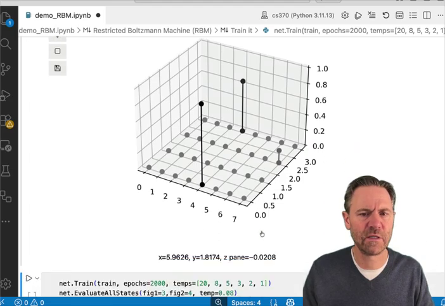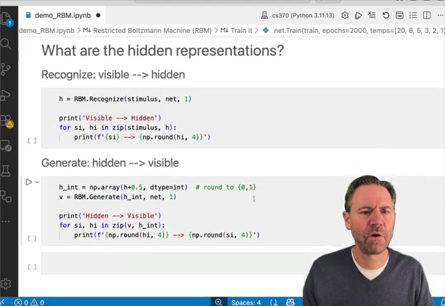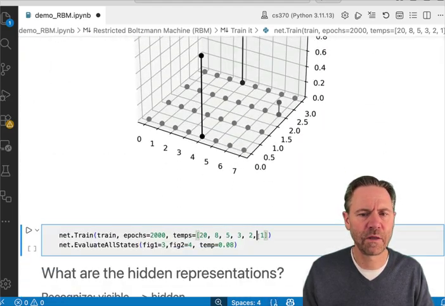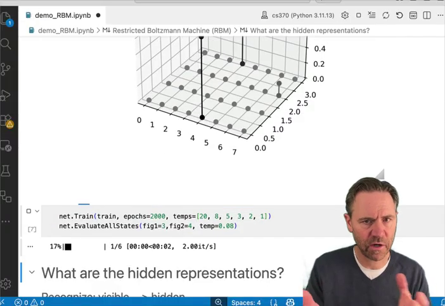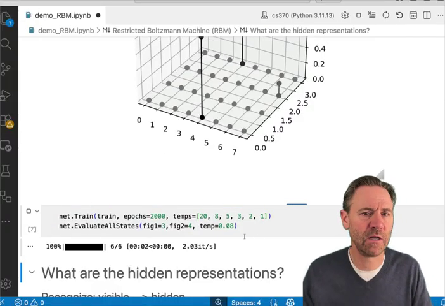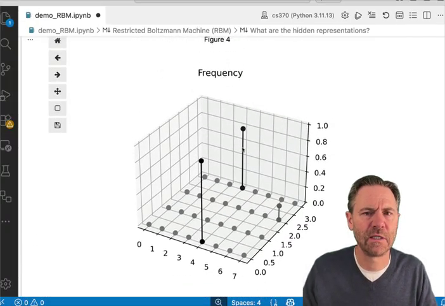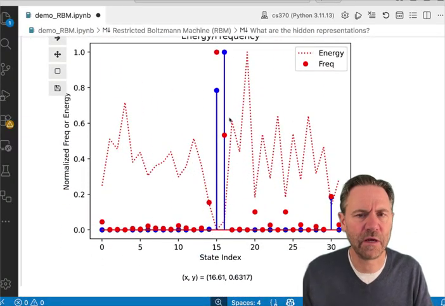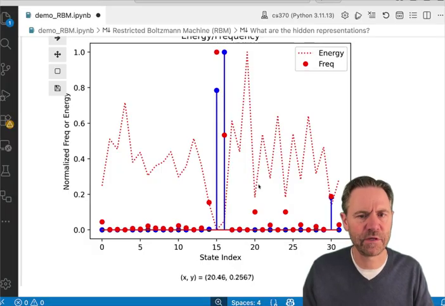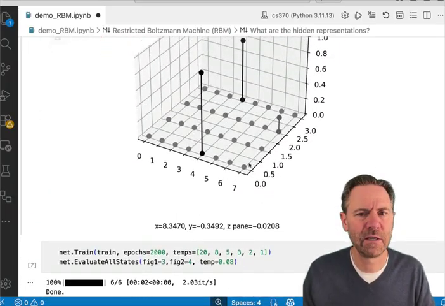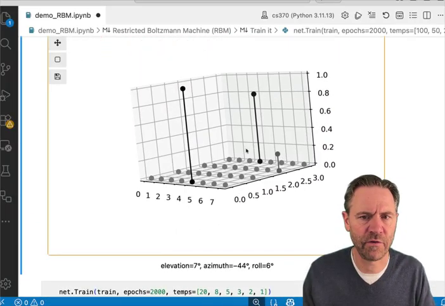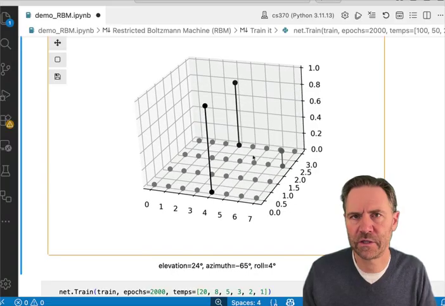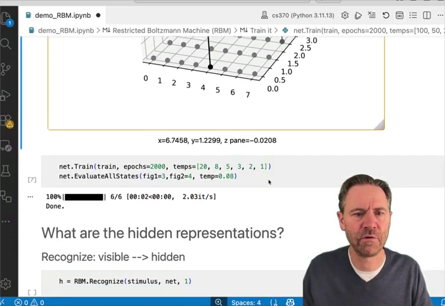And I'll run one more batch of training at a lower temperature, though it did a pretty good job already. So now you can see that only 3 states are visited frequently, and again it's just another view of it that matches what I just discussed in the handwritten notes.